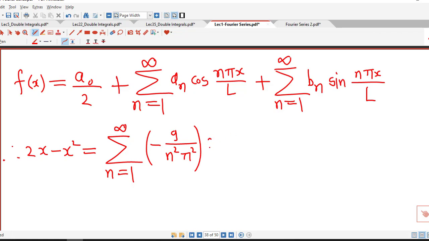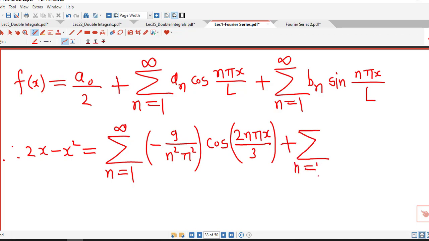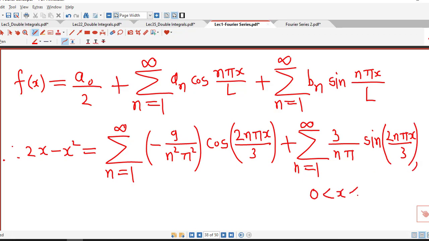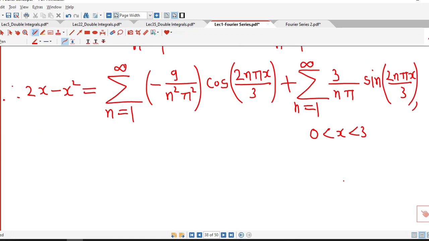L is 3 by 2. So we have n pi x divided by 3 pi by 2, which is cos 2 n pi x divided by 3, plus sigma n equal to 1 to infinity Bn which we have obtained is 3 over n pi. Here also if we put value of L, we have sin 2 n pi x divided by 3, and this is valid in the interval 0 to 3.